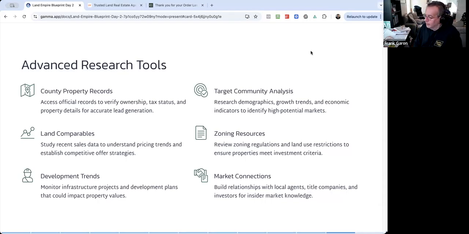Demographics, you know, is the crime rate above or below your normal marketplace? Zoning, how tight and how strict are they in zoning? How easy is it to change from a residential zoning to a commercial zoning, etc.?